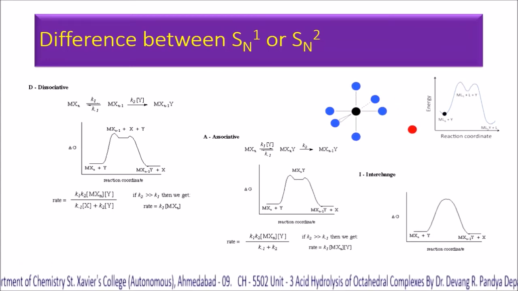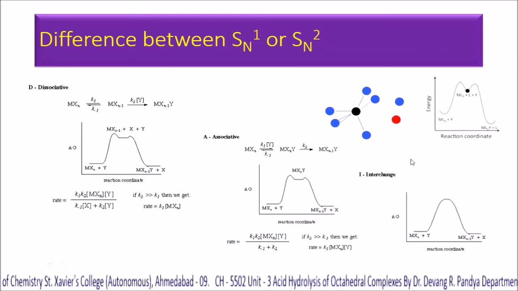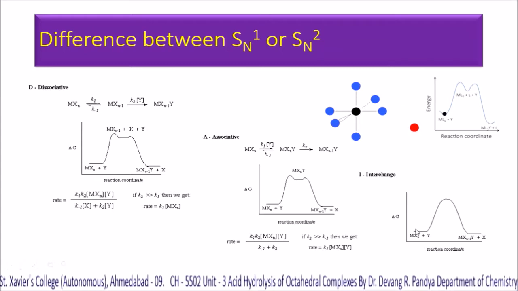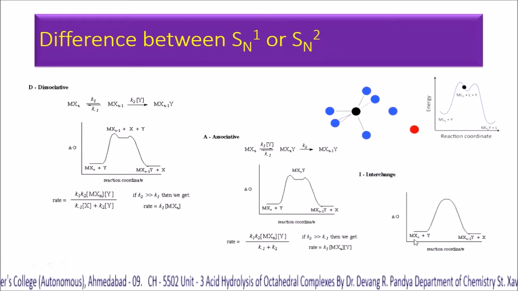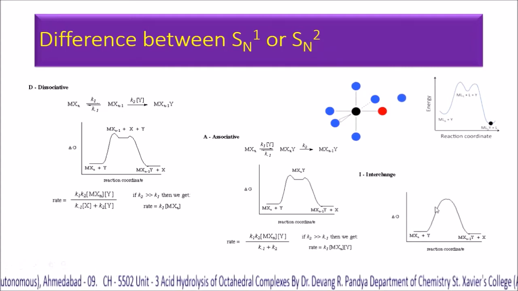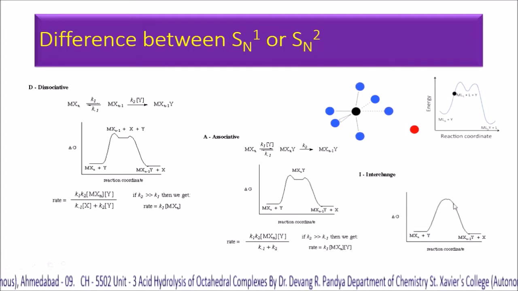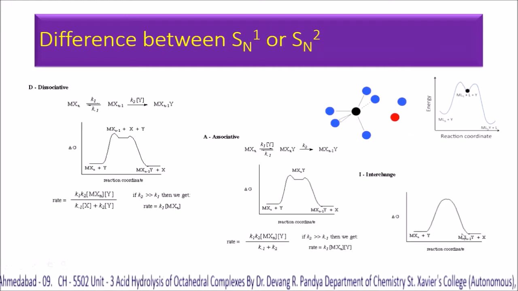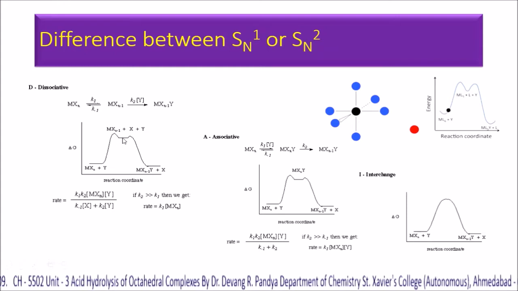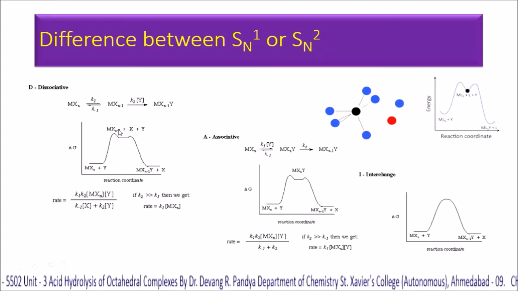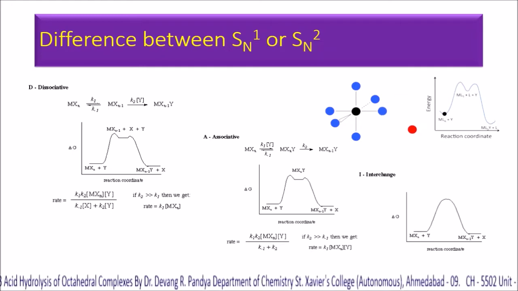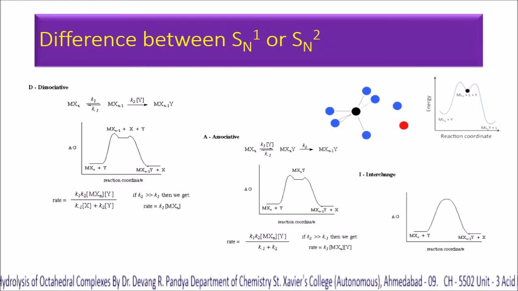When the reaction transits between dissociative and associative, or if we do not find an intermediate during the reaction, then the process undergoes an interchange associative or interchange dissociative mechanism. Here the reaction takes place with no evidence of an intermediate in the excited state, and as a result we get only one hump. In the dissociative case there is a little stability for the intermediate, so its presence can be detected through spectroscopic tools during the progress of the reaction.